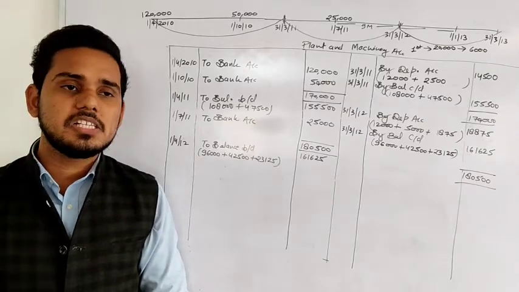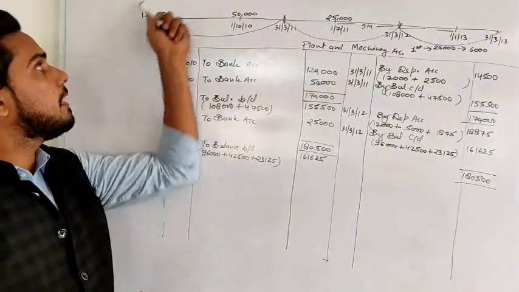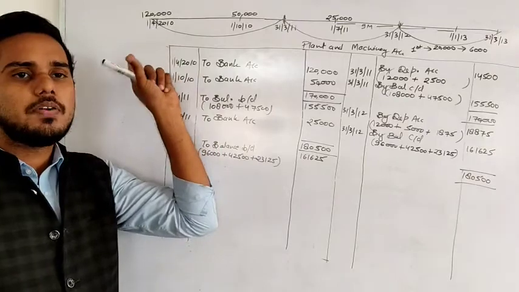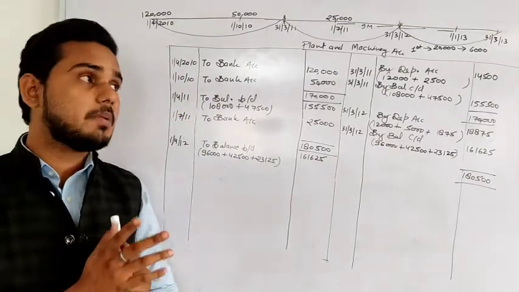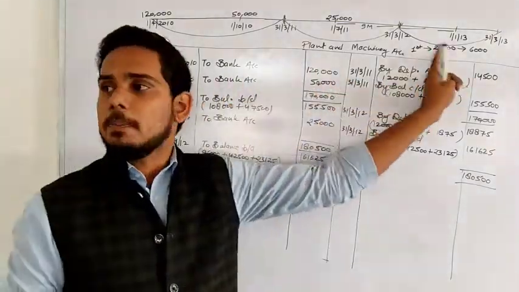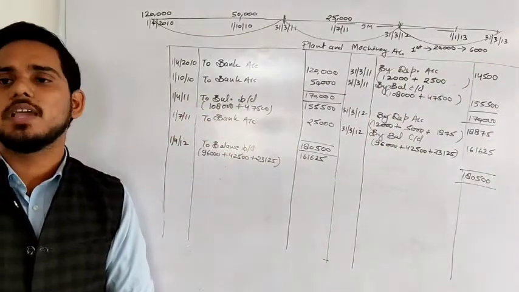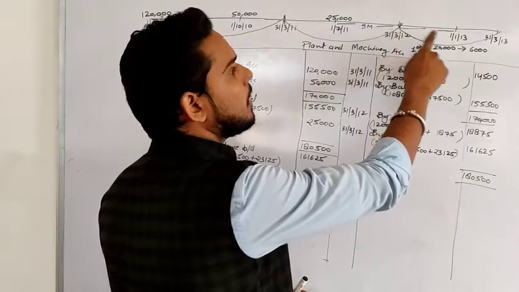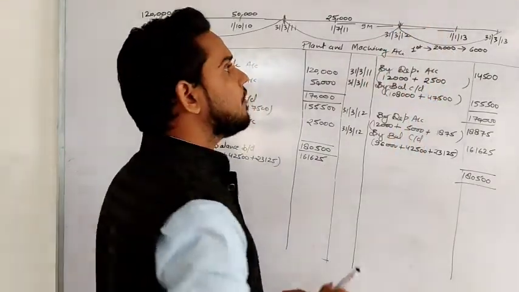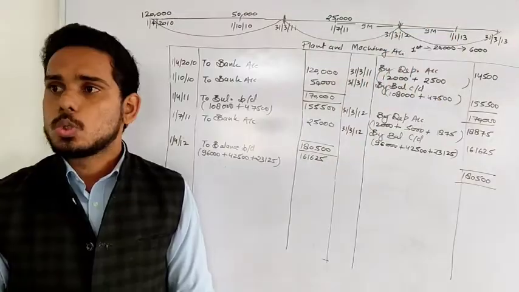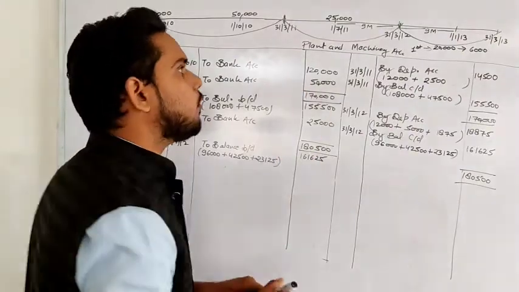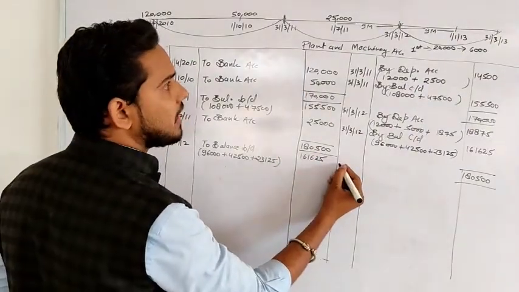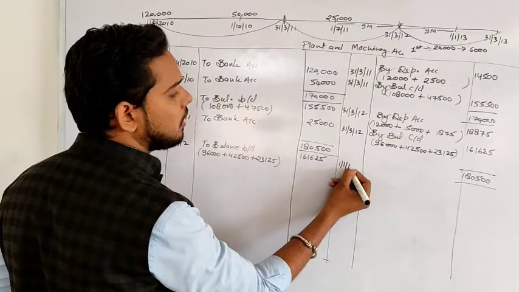So we charge depreciation not on the complete value of the first machinery, but only on that part of the first machinery which we are selling. And we used that machinery from 1st April to 1st January. So that will be 9 months. So we have to charge depreciation for 9 months.